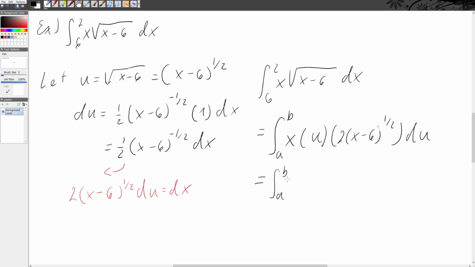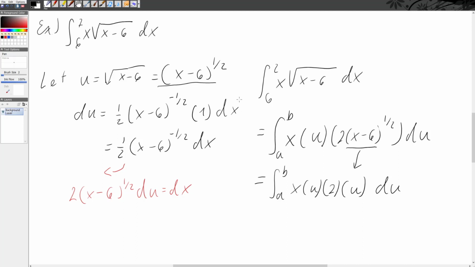But here we note that (x minus 6) to the power 1 half is just another u, right? u is (x minus 6) to the power 1 half. That's just another u. Now, if we look at this equation, nearly everything is in terms of u except for that x. So somehow we have to write that x in terms of u.